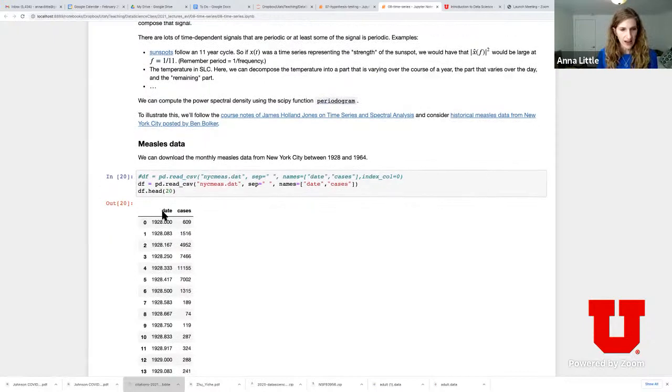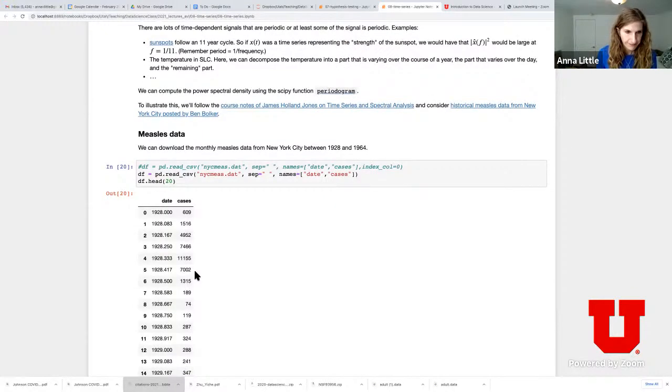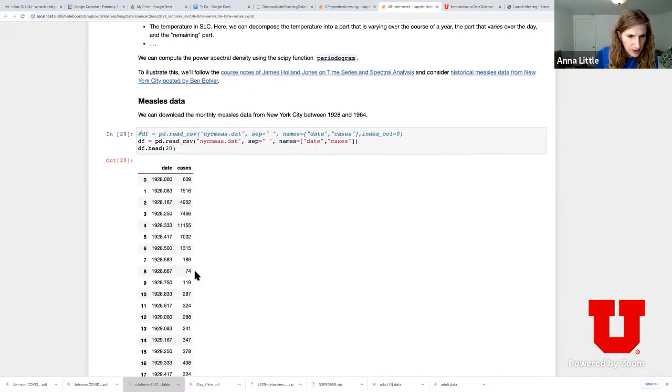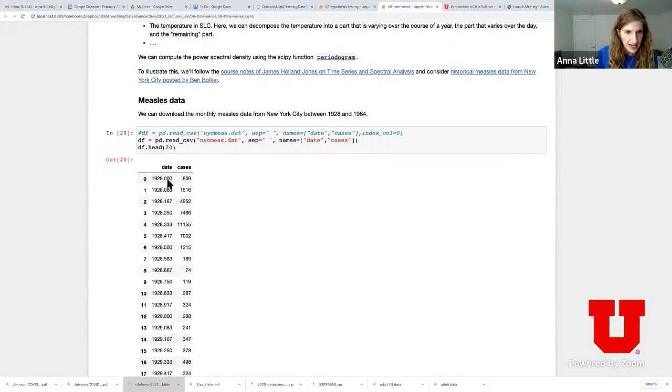We can see that we get the date and the number of cases of measles. Okay, and I think you can see here, the date imported a little weird, but these are basically monthly measurements. So this is 1928.0 and then 0.08, but you see there's 12 of these before you get to 1929. So we have monthly measurements starting in 1928.